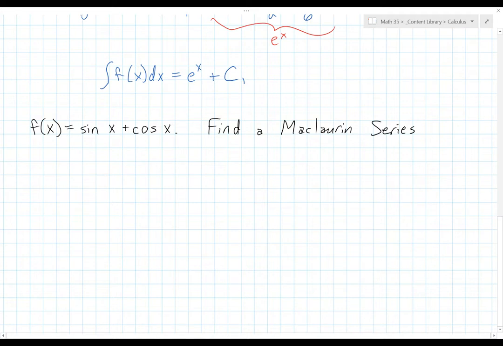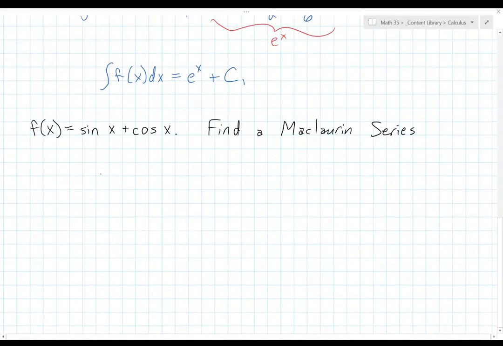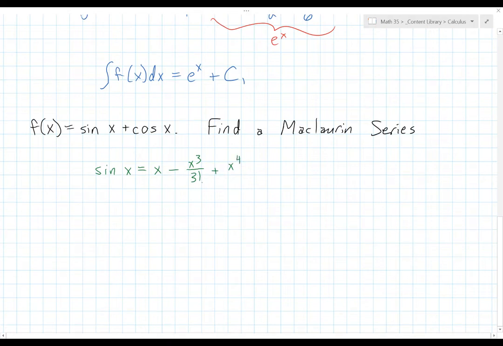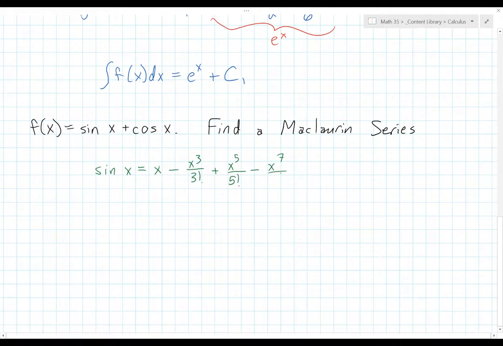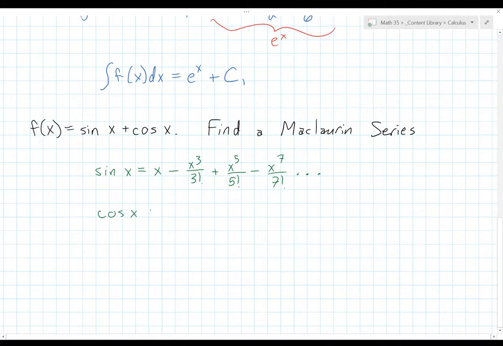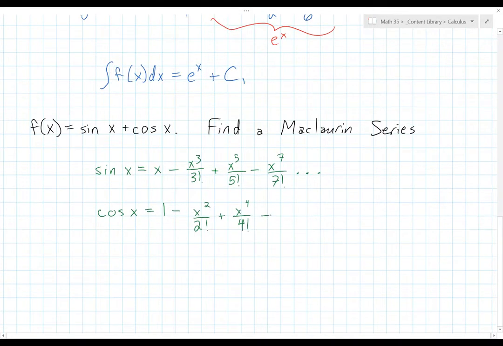But given that this function is created from two other functions whose Maclaurin series I know, the sine of x is equal to x minus x cubed over 3 factorial plus x to the power of 5 over 5 factorial minus x to the power of 7 over 7 factorial, etc. And I know that the cosine of x is equal to 1 minus x squared over 2 factorial plus x to the power of 4 over 4 factorial minus x to the power of 6 over 6 factorial, etc.